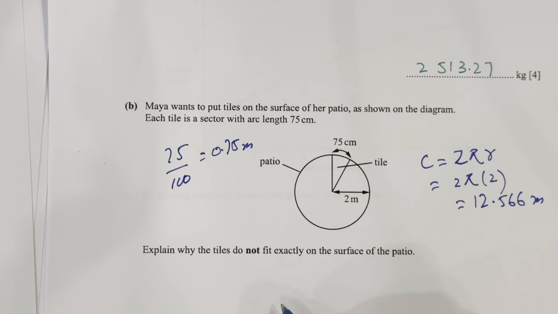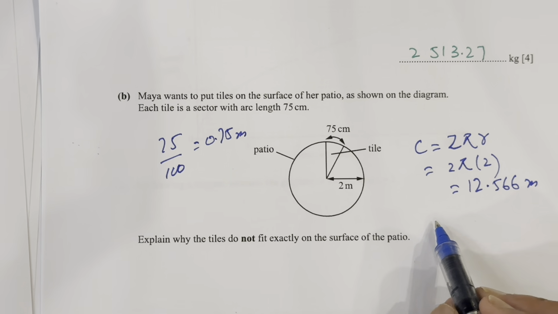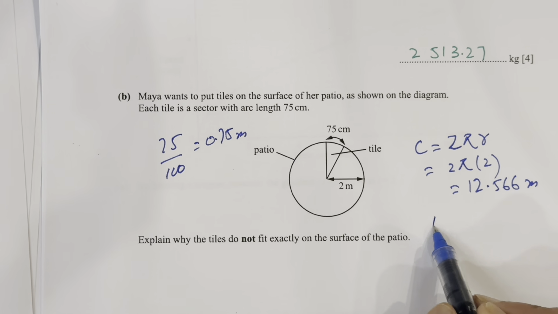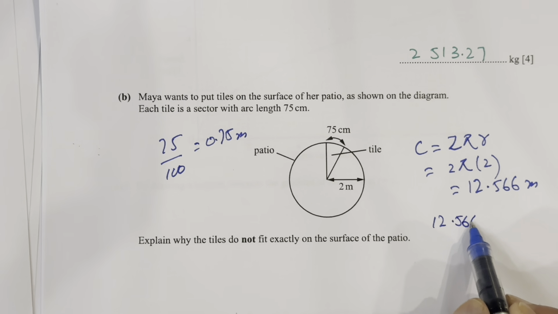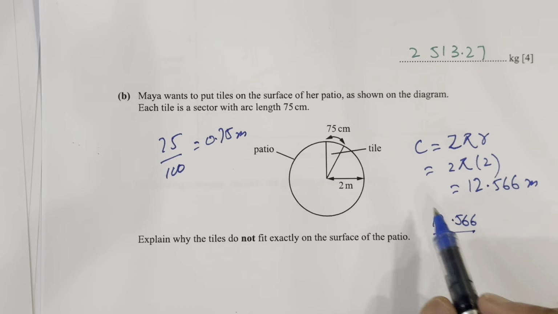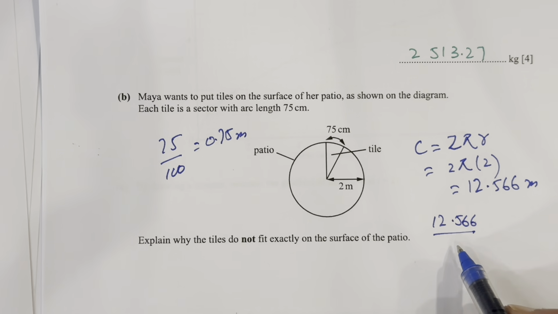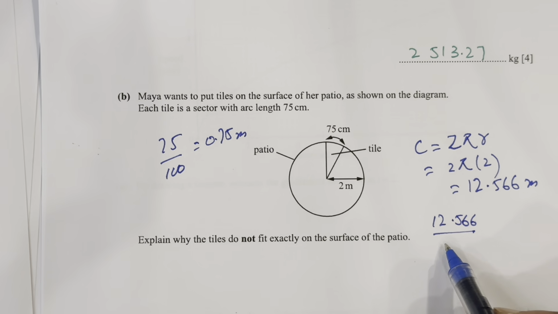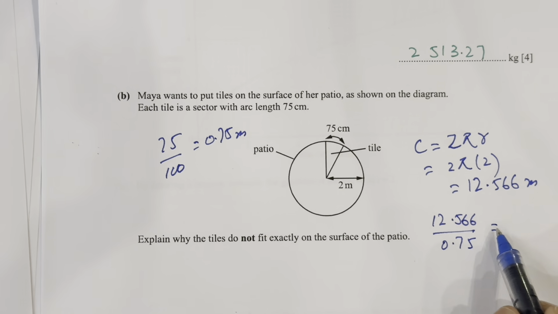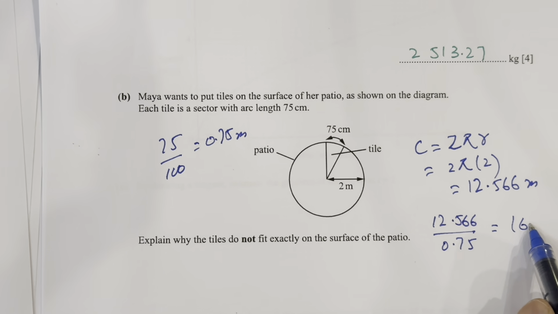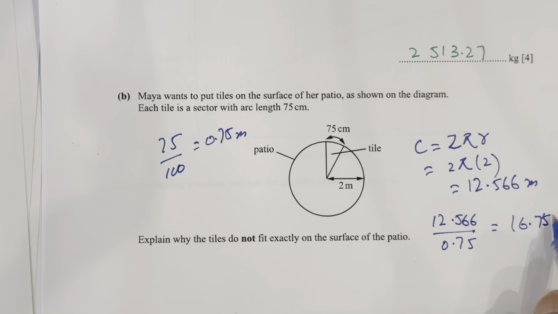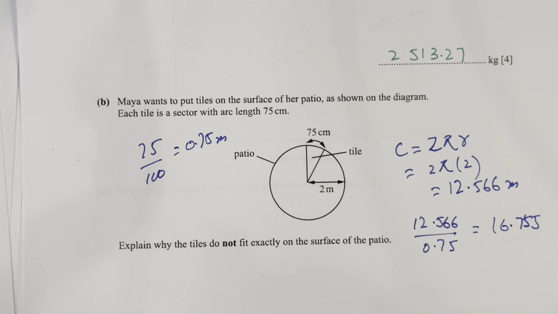So why it doesn't fit exactly? Now we're gonna find out by dividing it with the arc length of 0.75 sector. The answer will be 16.755. This is a decimal number. It means that the tiles are not perfectly fitting the circumference.